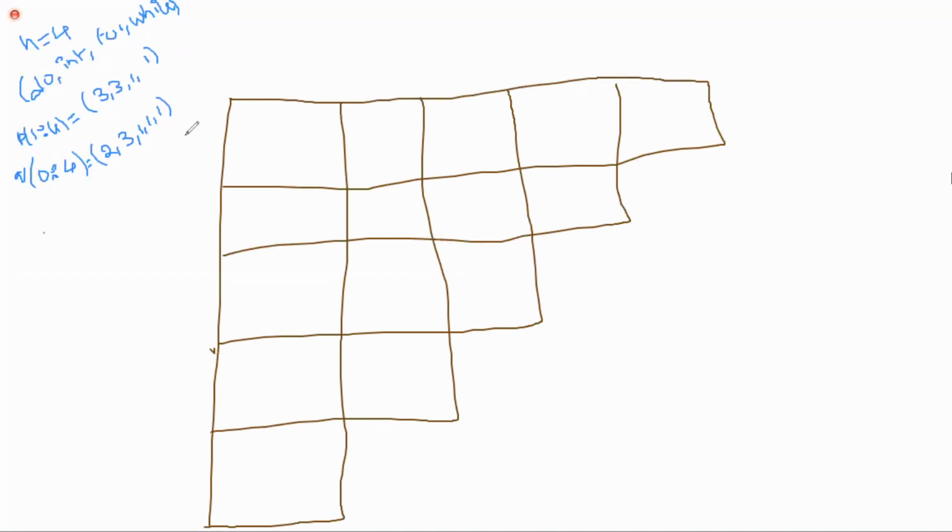This is 0, this is 1, 2, 3, 4. 0, 1, 2, 3, 4. Now we are going to construct. First we will find W00, where W is the weight, C00, where C is the cost, and R00, where R is the root node.